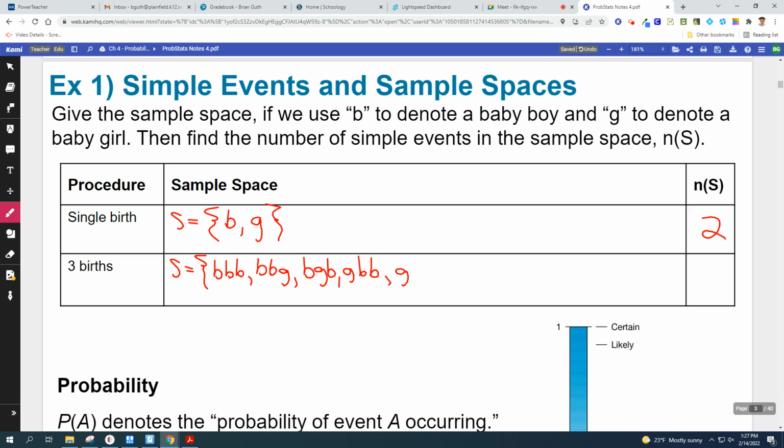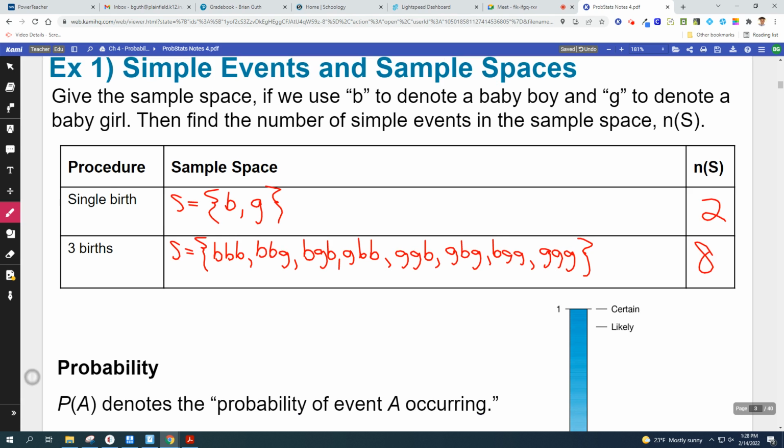So you could say girl, girl, boy, or girl, boy, girl, or boy, girl, girl. And there's only one other thing that could happen. You could have all 3 girls. So girl, girl, girl. There are 8 different things in that sample space. There are 8 simple events in that sample space. So the number in S is 8. Just counted up the number of things there.